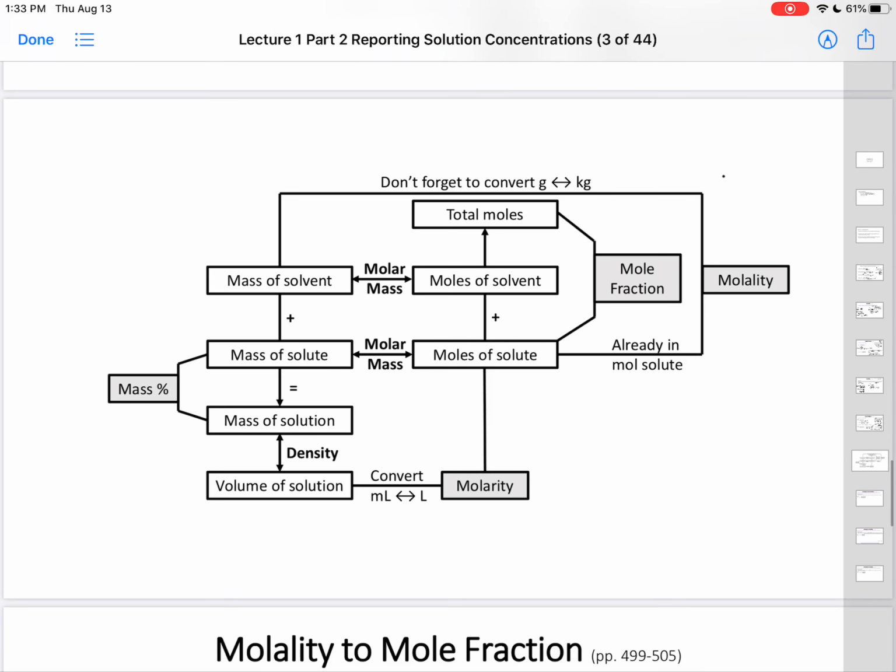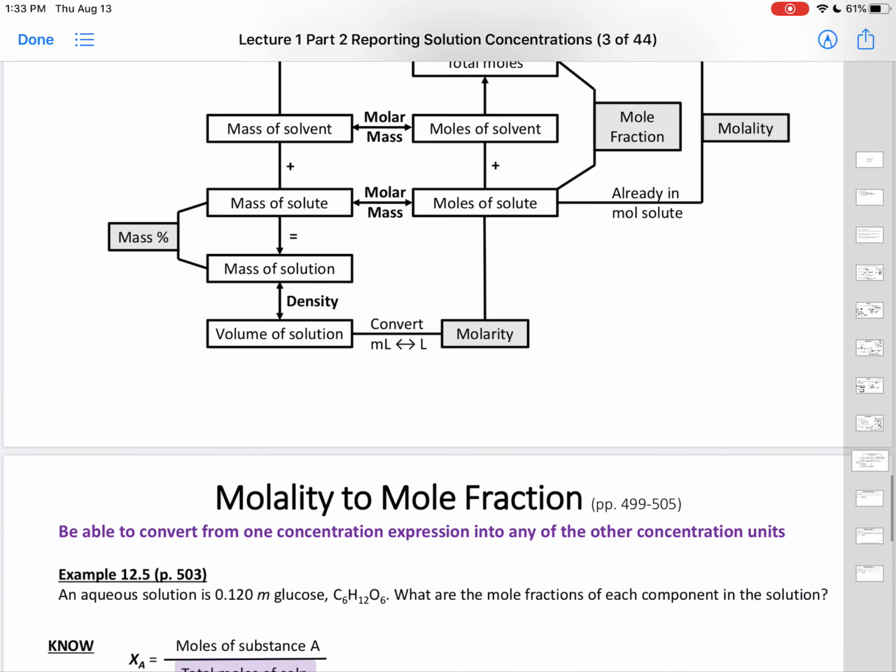This is not from the book, this is something I put together just to make it a little bit easier because it does get a little bit confusing on how to do it. I use this little table, or this figure, to help me figure out how to convert from one to the other, and we're going to use this as we go along in this video.